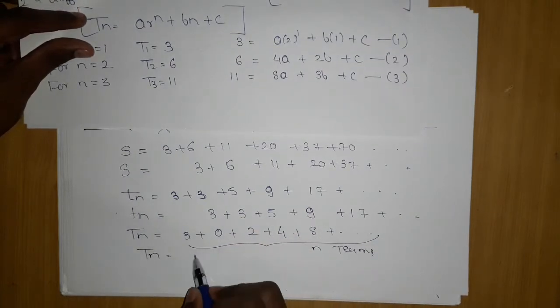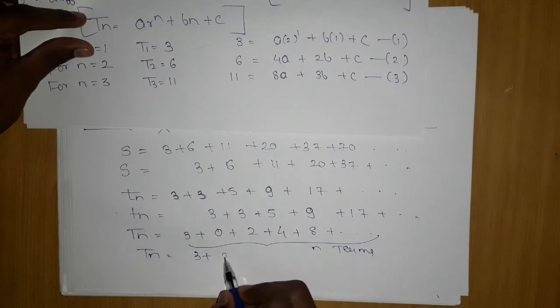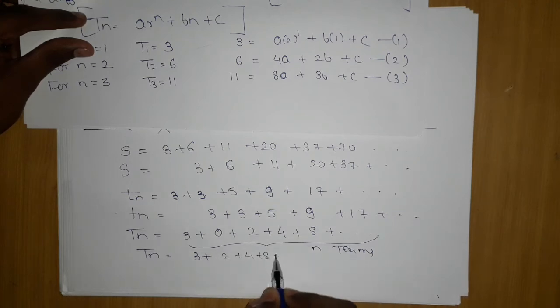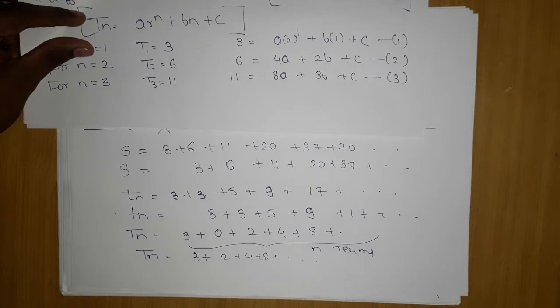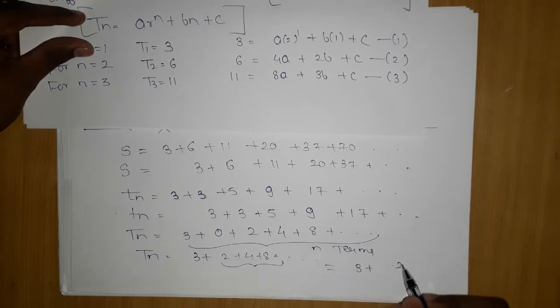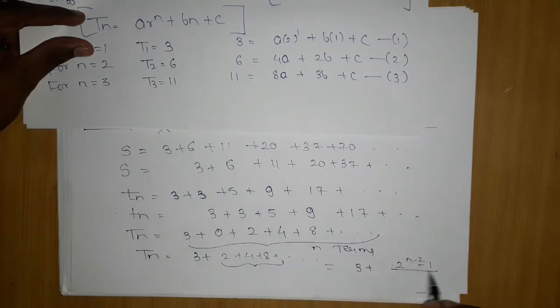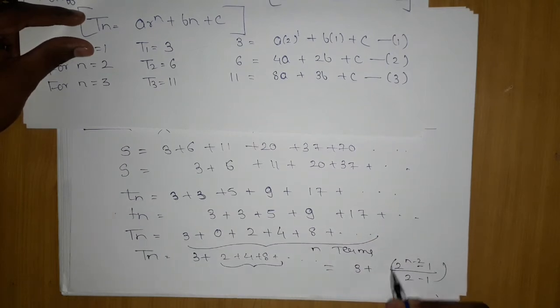If you observe 3 plus, if you consider this term, 2 plus 4 plus 8 plus so on, they are in GP. So what I will do, 3 plus 2 to the power n minus 2, these terms are n minus 2, minus 1 upon 2 minus 1.